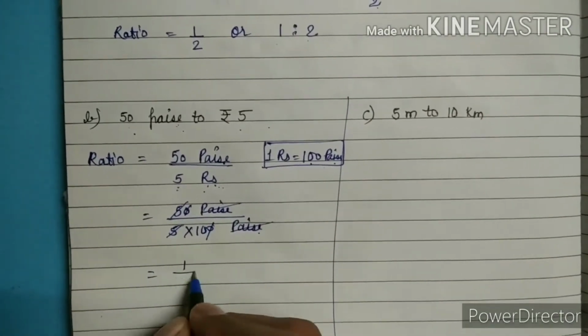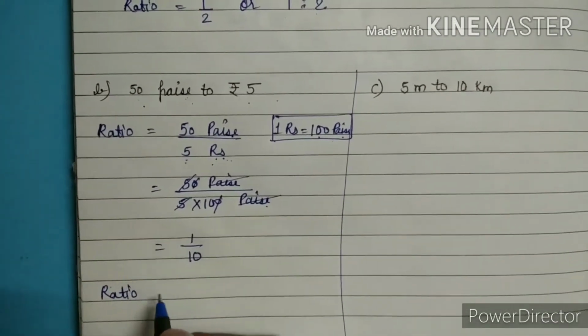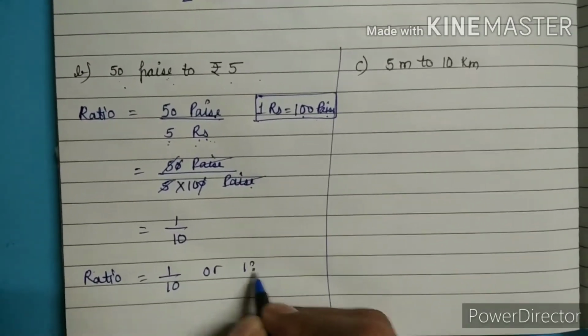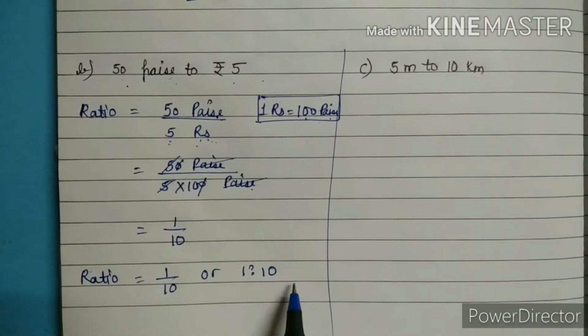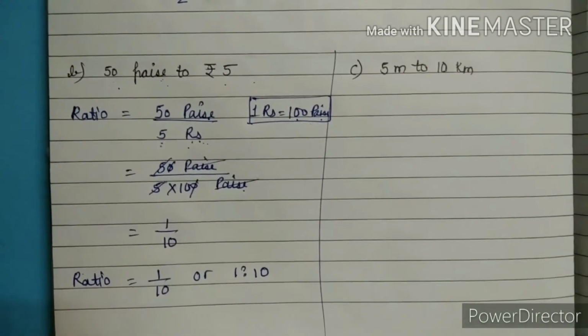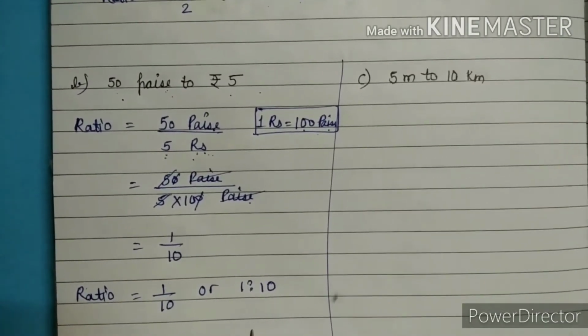So we have 1 by 10, or we can also write ratio 1 by 10 or 1 ratio 10. Always remember one thing, in the ratio none of the unit will come. Ratio will not contain any unit in the answer.